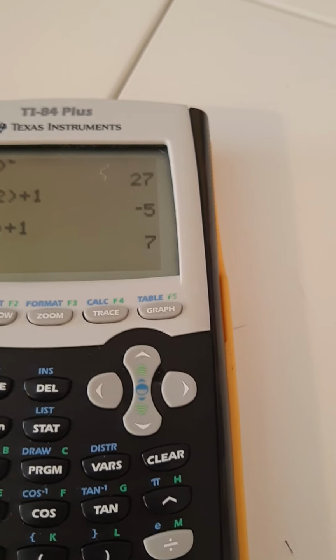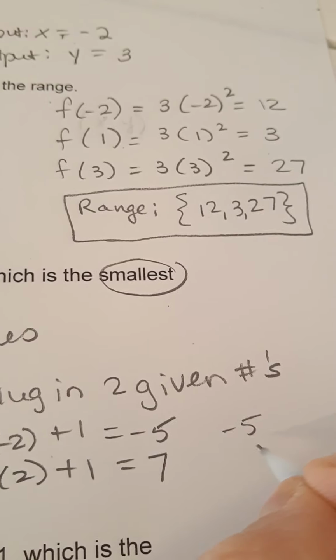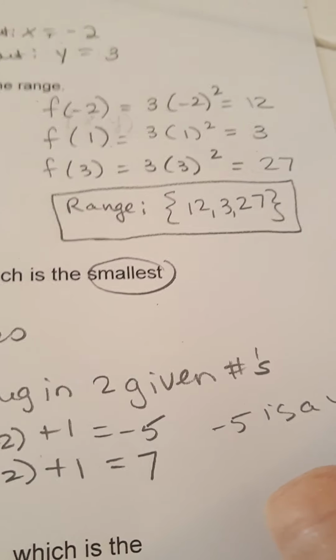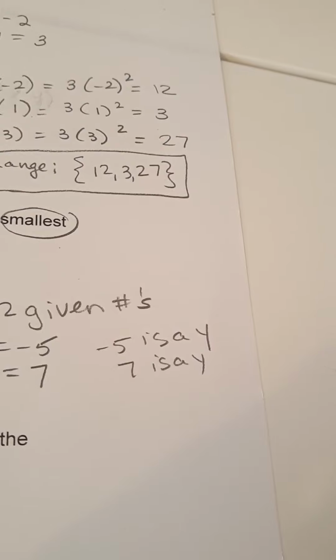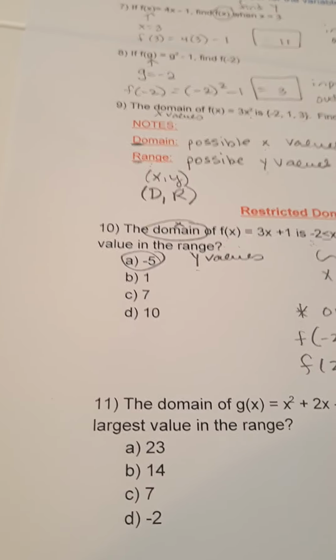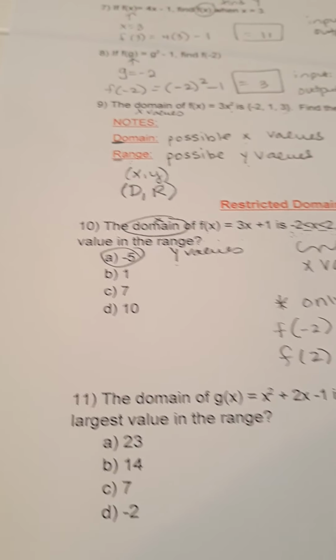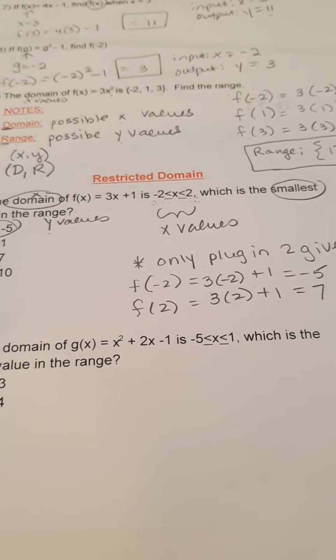So -5 is a y, and 7 is a y. As you can see, the -5 is the smaller one. There it is. Choice A.